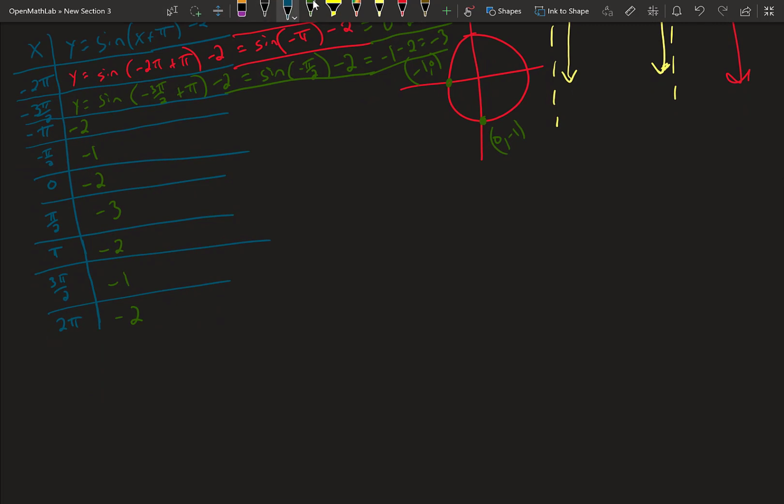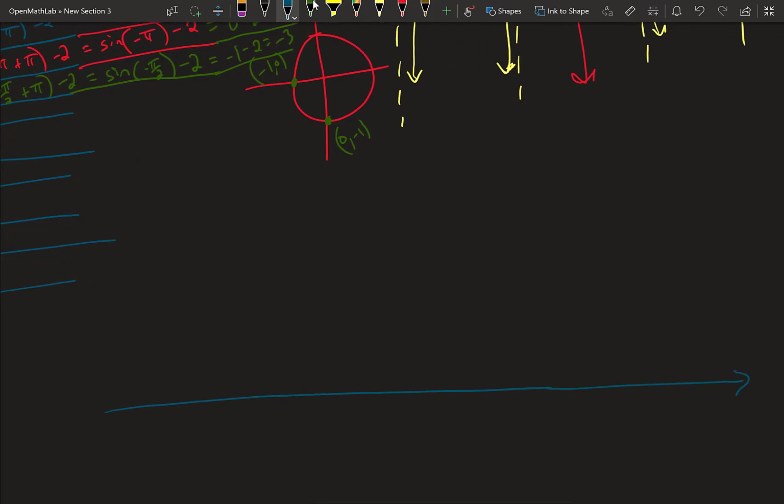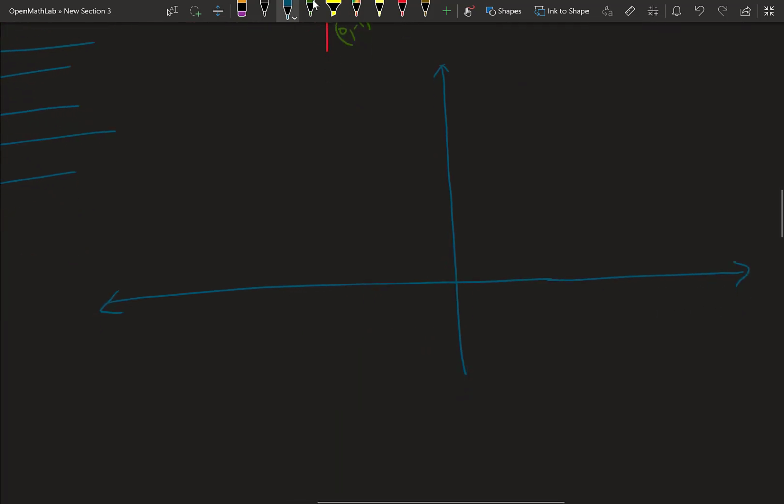Alright, so now we're ready to graph sine. So let me just make an xy plane. Let's see.